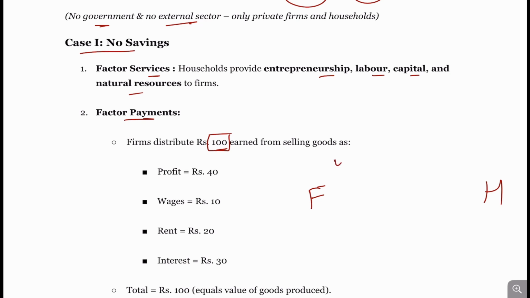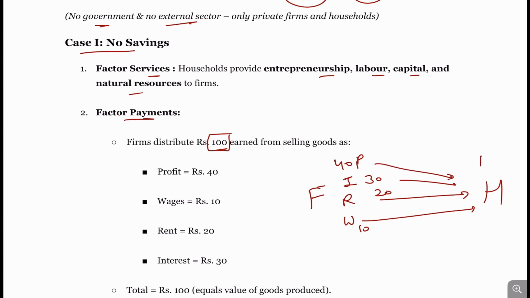Profit is being earned, 40 rupees profit is there. Wages are being given, 10 rupees. Rent is also given to the households, 20 rupees, and interest is also given to the households on the capital, that is 30 rupees. So everything is moving, 100 rupees is moving to households. Firms are spending 100 rupees and 100 rupees is moving to the households.